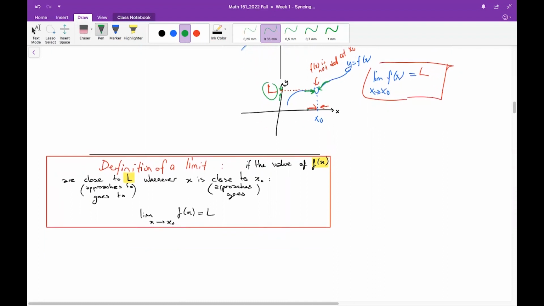So if this situation happens, in other words, if the values of f of x are close to L whenever the values of x are close to x0, or whenever x approaches x0, or whenever x goes to x0, then you say that the limit of your function as x goes to x0 is the value L, okay? This is the definition of the limit of a function.